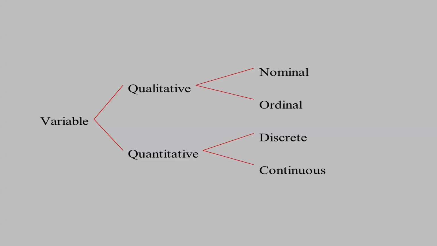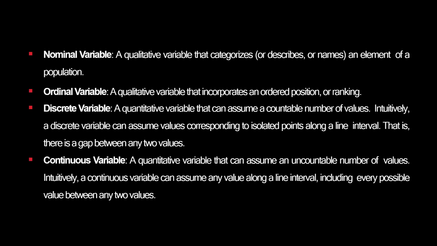Under that you have nominal and ordinal. So let's see what is nominal and what is ordinal. Nominal categorizes or describes an element of the population. It has a description of the element of the population.